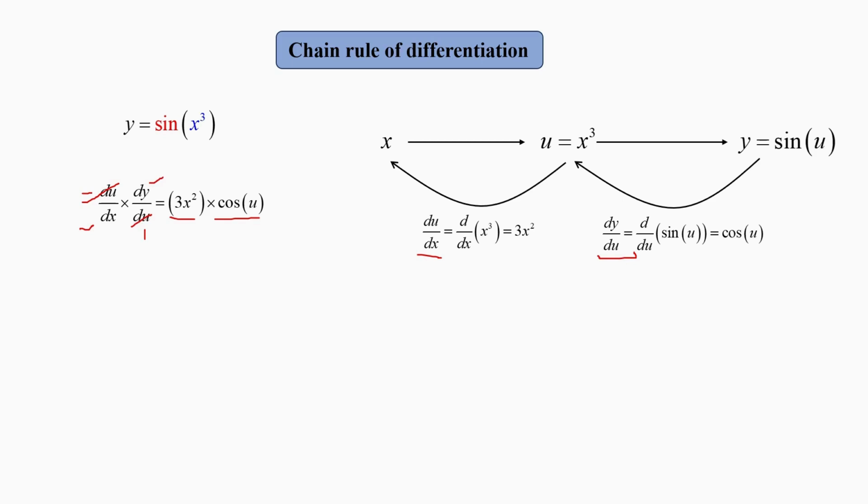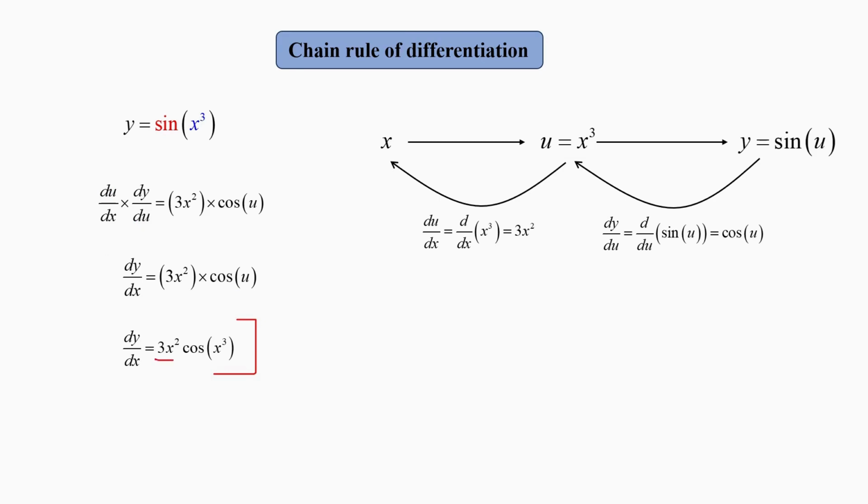That is what we wanted, right? Now, since u is x cube, we substitute it: dy by dx equals 3x square cos of x cube.